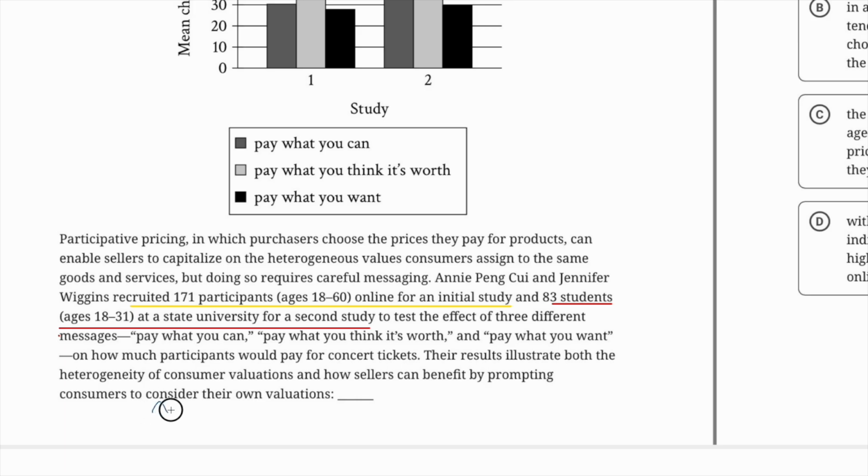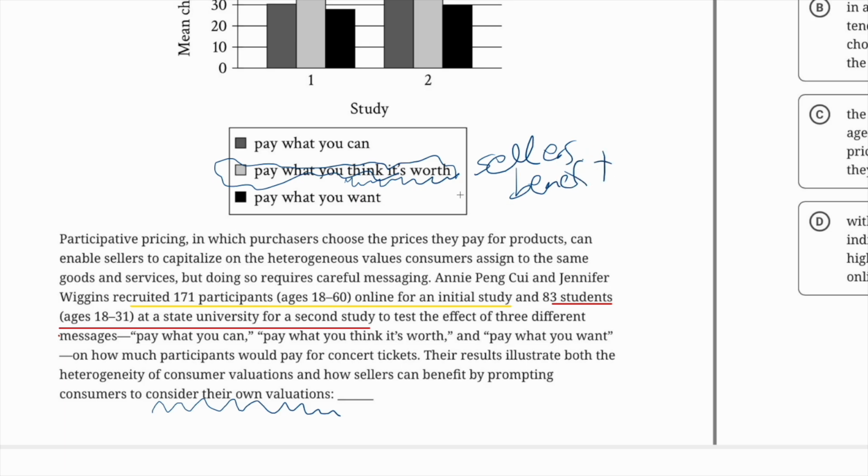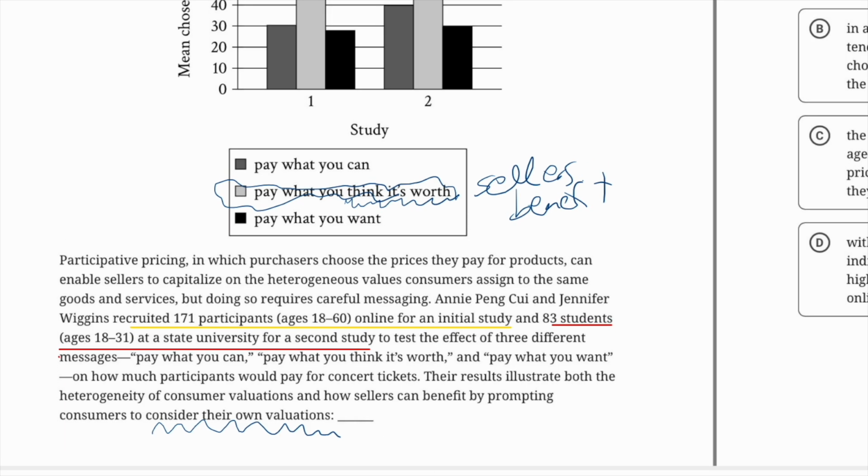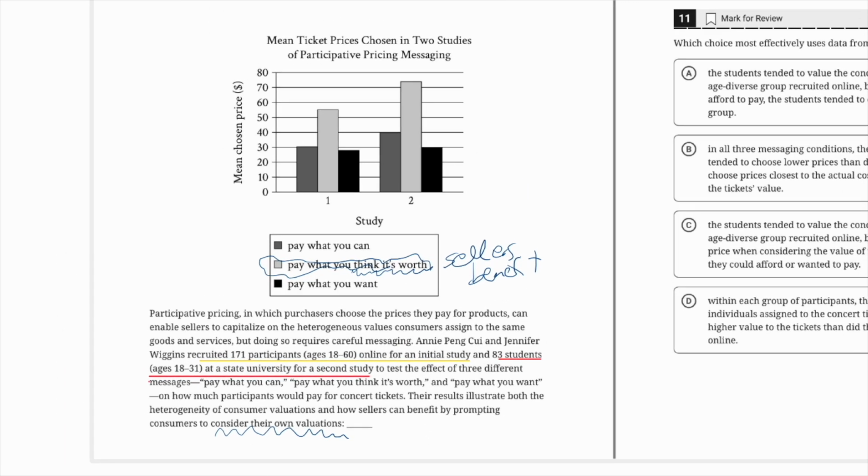Okay, and looking at this part here, pay what you want. Let's see, consider their own valuations. I think considering means thinking, and valuations means worth. So I think we really want to focus on how sellers would benefit, meaning that people would pay more when they pay what they think it's worth. And that does stand out here.